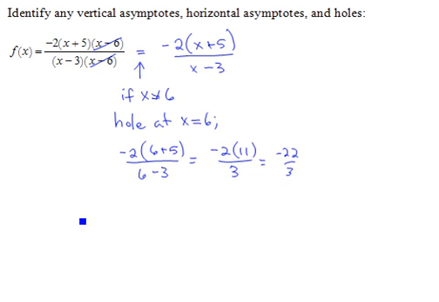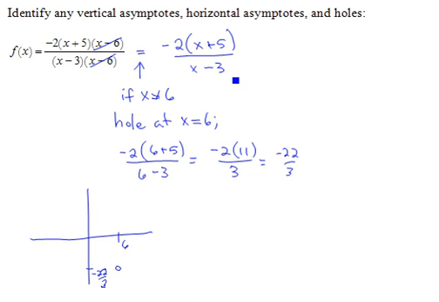So we could plot that hole as 6, and negative 22 thirds is pretty close to negative 7. So we'll have a hole in the graph at 6 and negative 22 thirds, which is close to negative 7.